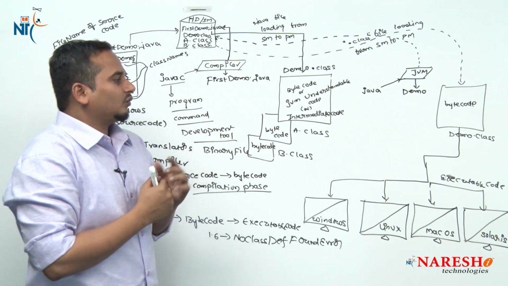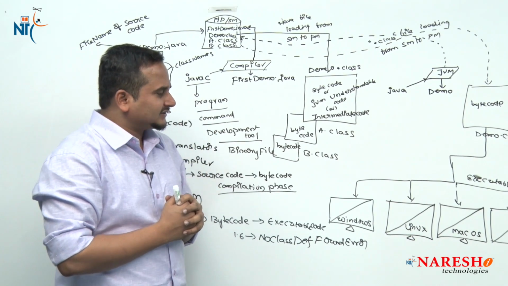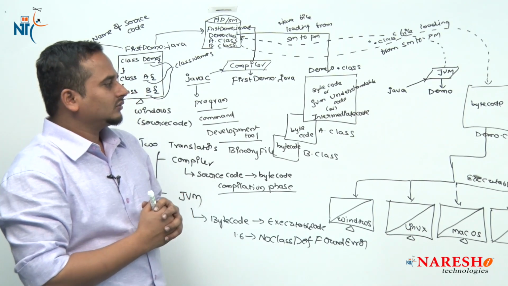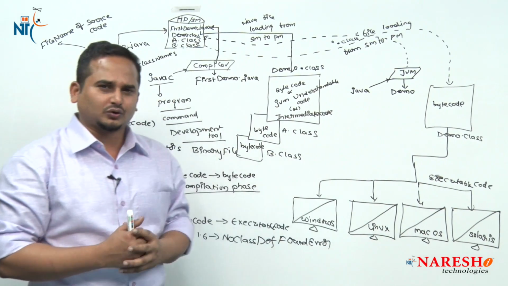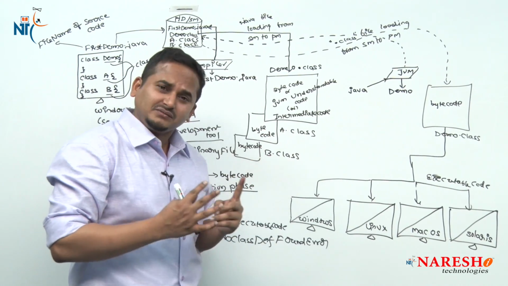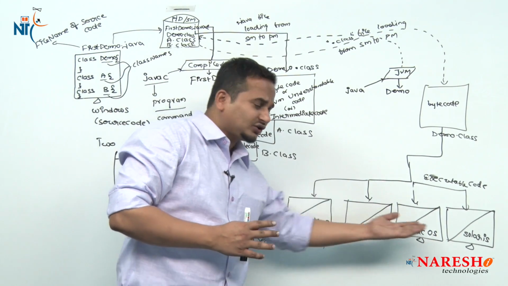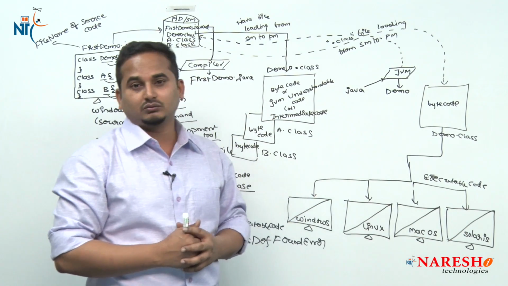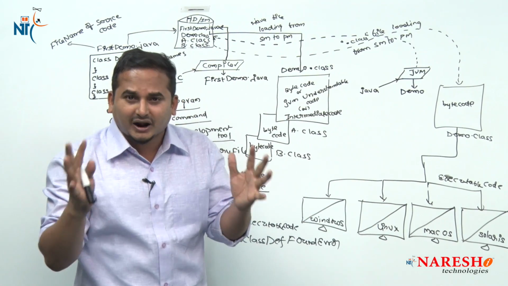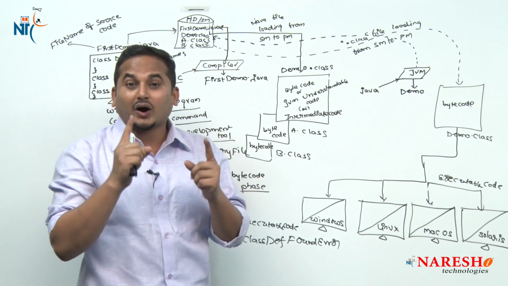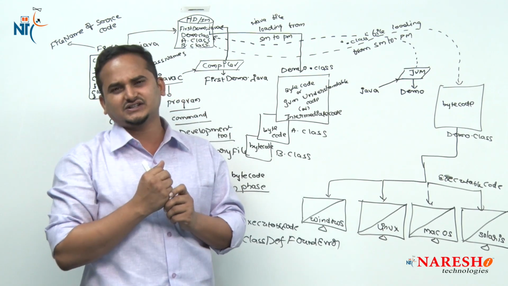Here is one more important point: how will the JVM convert this bytecode to executable code? Is one JVM sufficient to convert from bytecode to executable code? No, one JVM is not sufficient. We require multiple JVMs. One JVM can understand only one operating system.